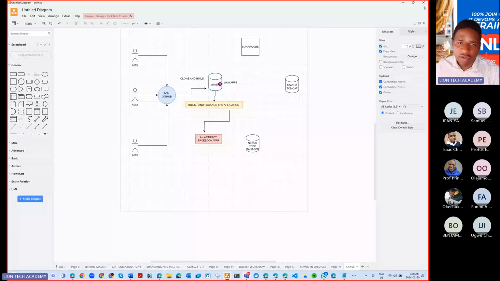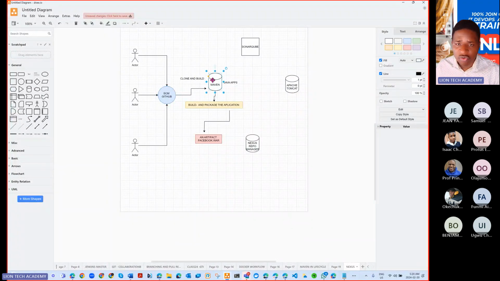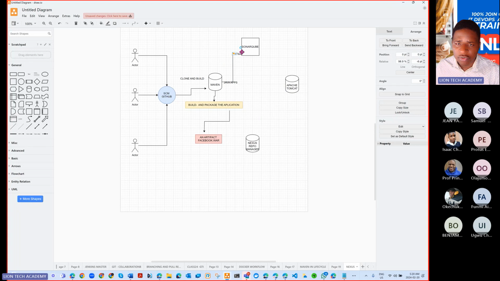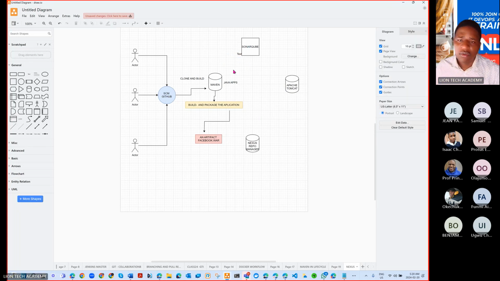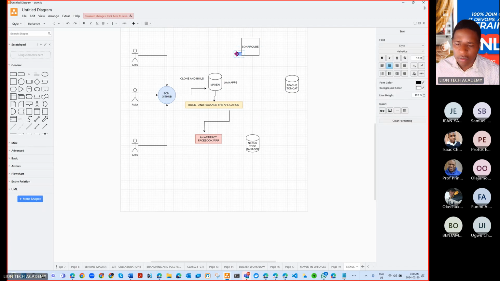So now Maven does a build. When you run mvn clean package, the result is a .war file, it could be a .jar, it could be a .ear. Now we have this package, and we want to be able to move this here.